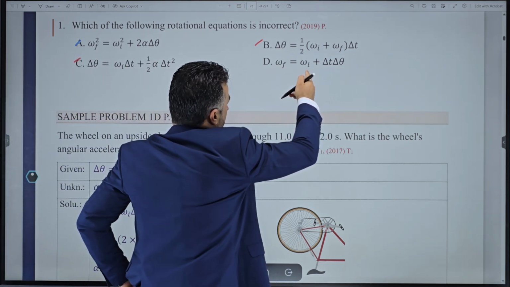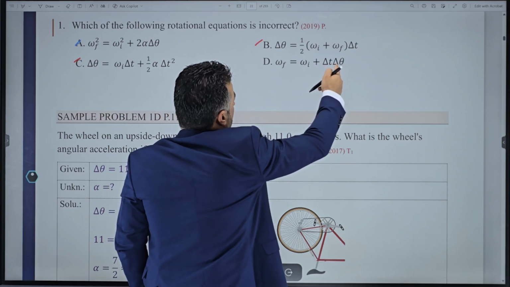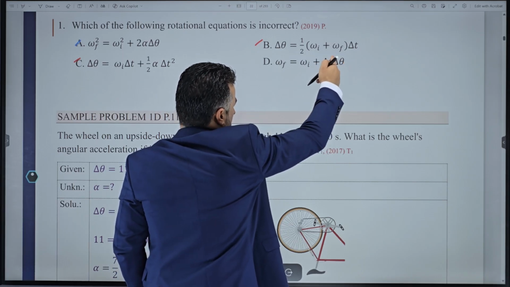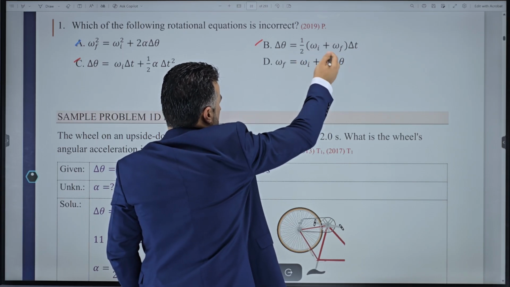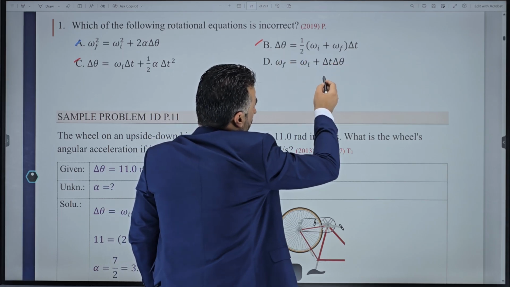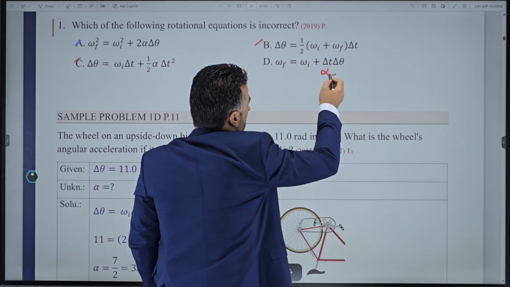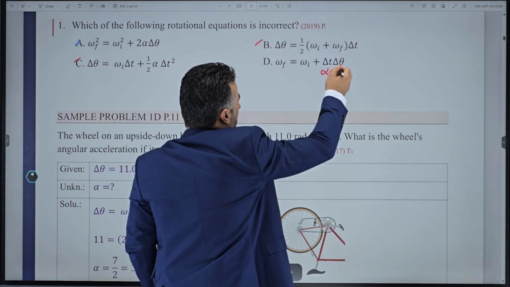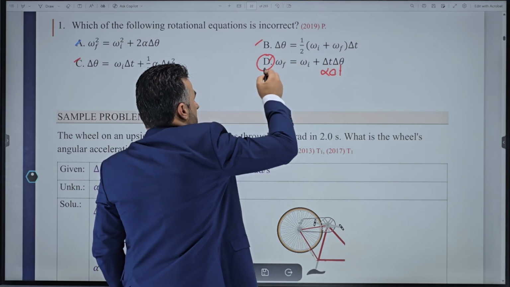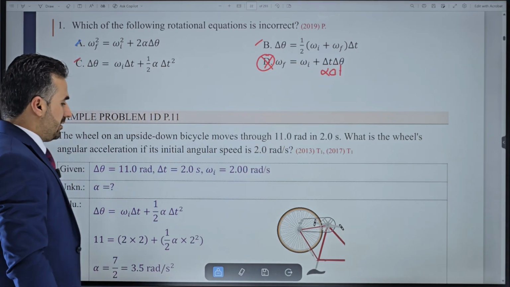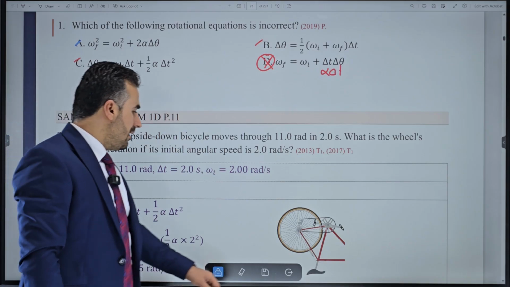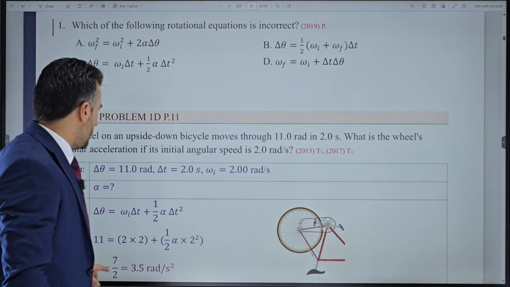You see omega final equals omega initial plus delta theta. Did we have delta theta in this one? This is clearly the first equation. We had angular acceleration times delta t. So option D is incorrect. Remember that.